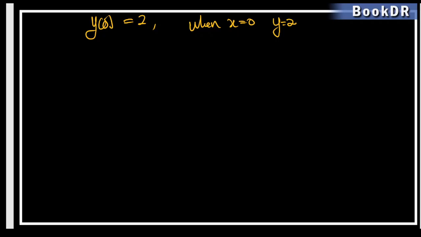We will substitute this into our solution. And the solution was y is equal to c e^(4x) minus half e^(-2x). We'll substitute the pair of values.